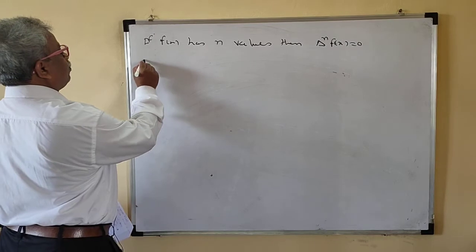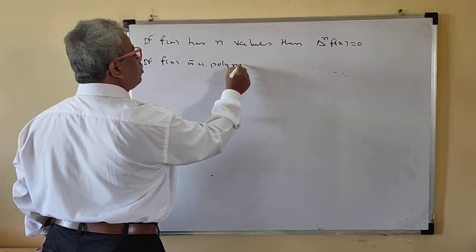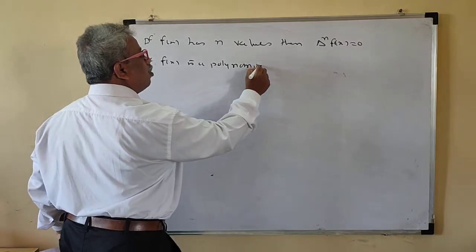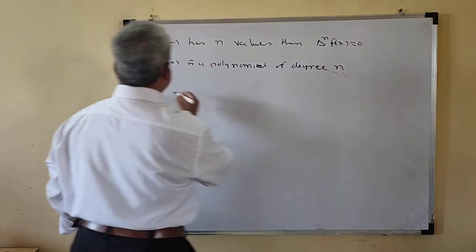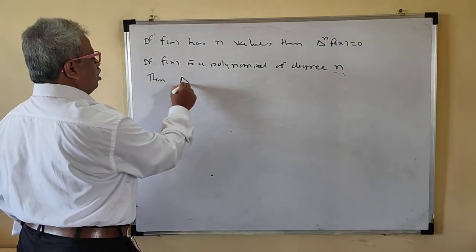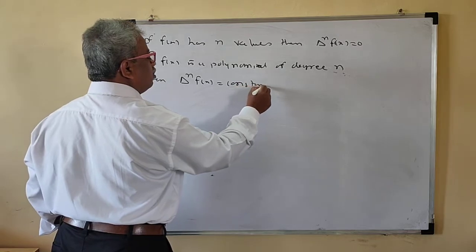If f of x is a polynomial of degree n, then Δ raised to n of f of x is constant.